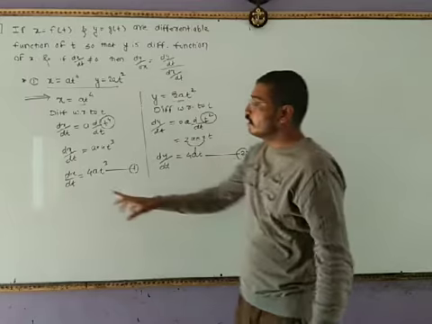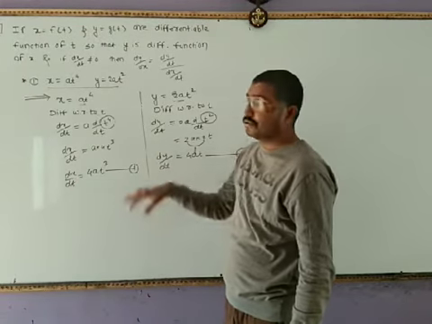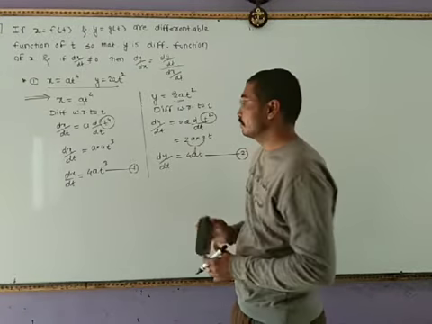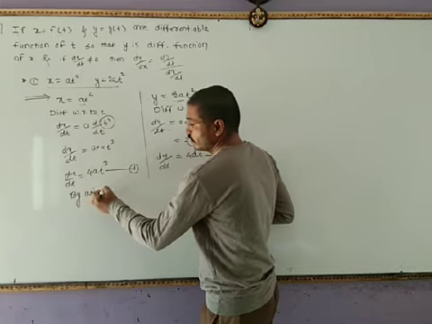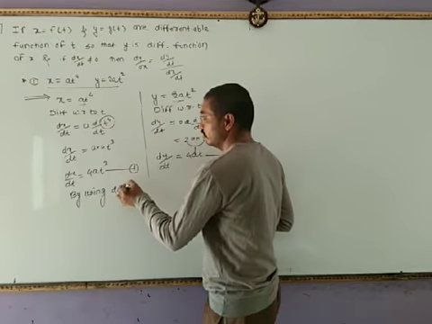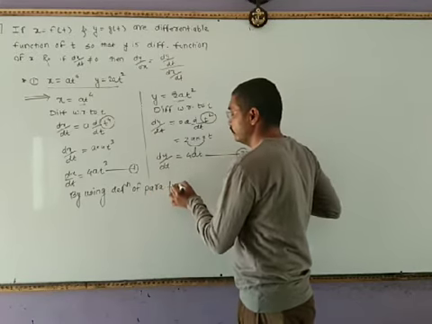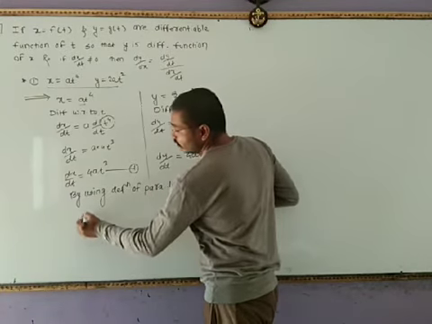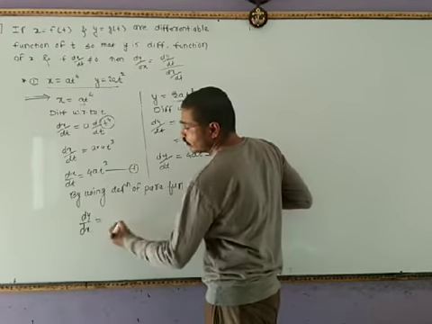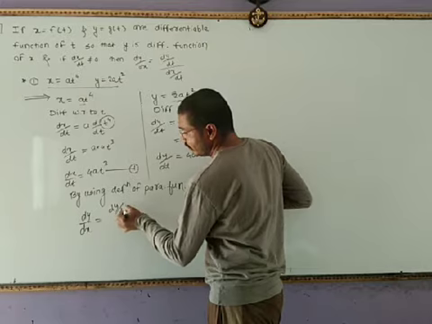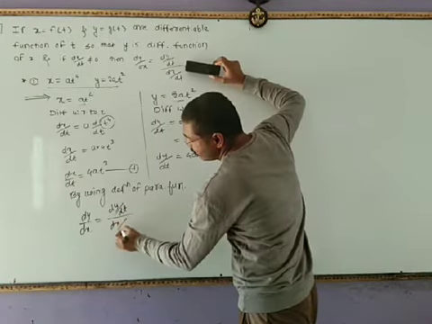So we will get the values of dx by dt and dy by dt. By using the definition of parametric function, dy by dx is equal to dy by dt upon dx by dt.